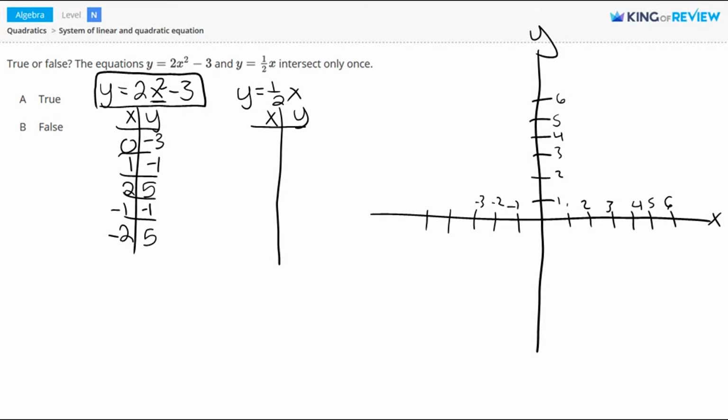I'm just setting up my coordinate plane right now so that I can plot these points.